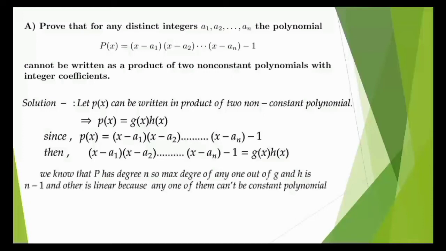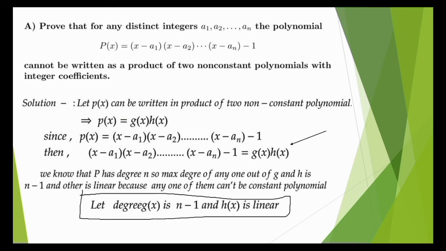We have already assumed these are non-constant polynomials, so the maximum degree of any one of them is n minus 1. So I'm going to let the degree of g of x be n minus 1 and h of x be linear. This is an important assumption.